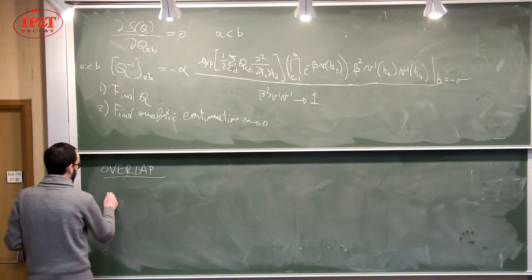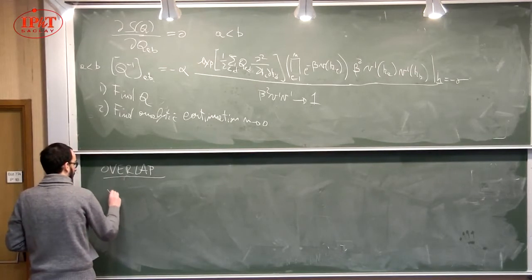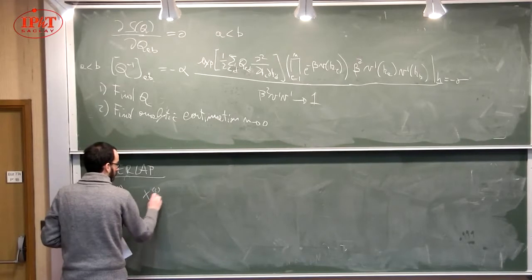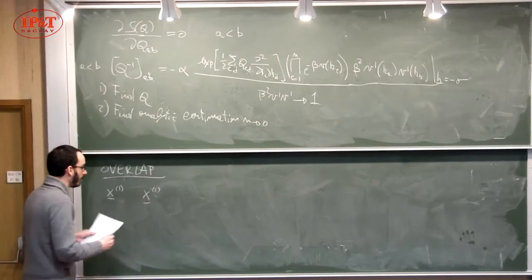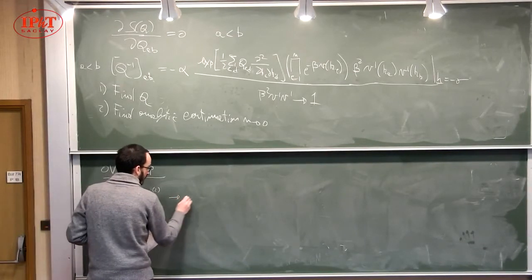Suppose that I consider two systems that are described by two variables, x1 and x2, okay, as before. And now these two variables have exactly the same quench disorder, okay?